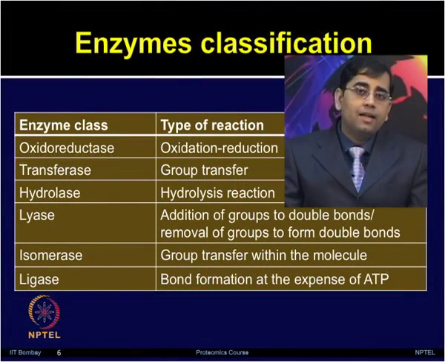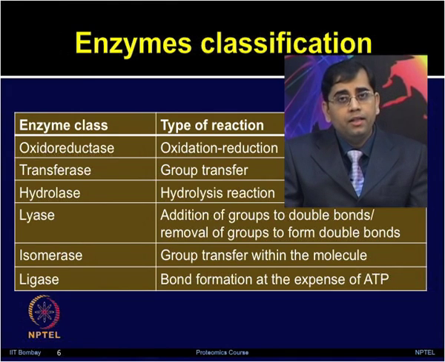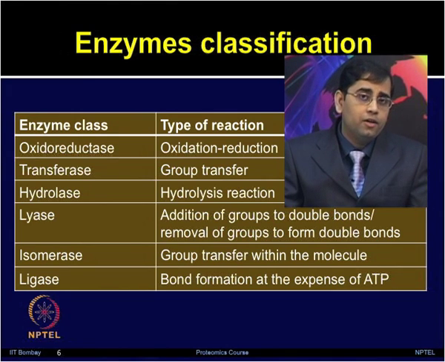There are 6 major classes of enzymes which are grouped according to the type of reactions they catalyze. I will not go into too much detail, but briefly let me talk about what type of reactions these classes of enzymes offer. Oxidoreductase catalyzes oxidation and reduction.